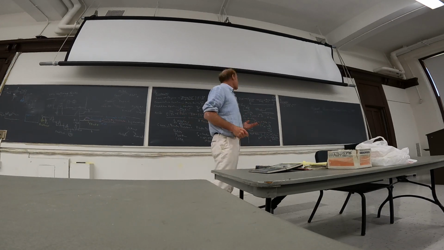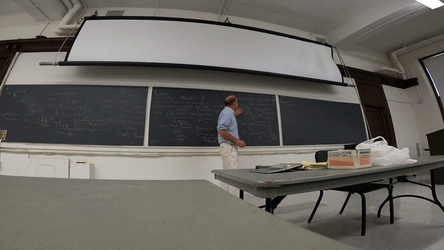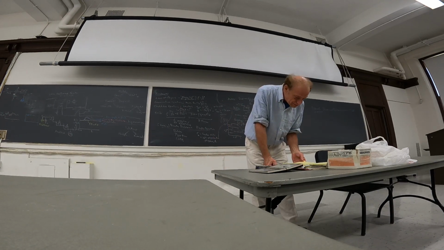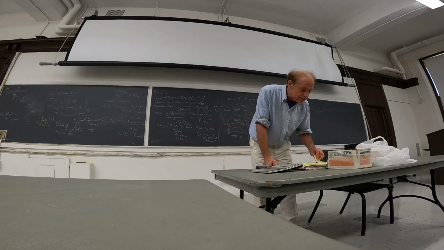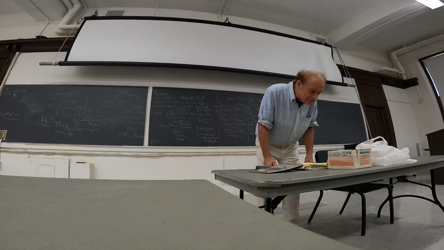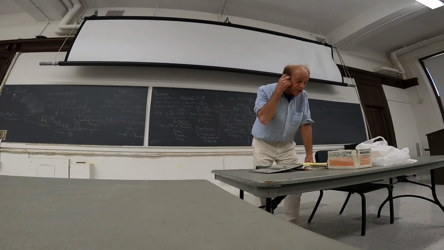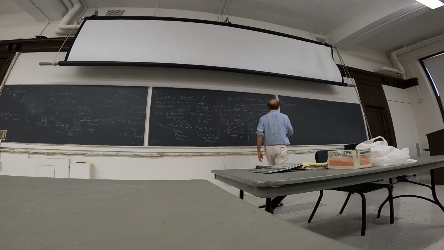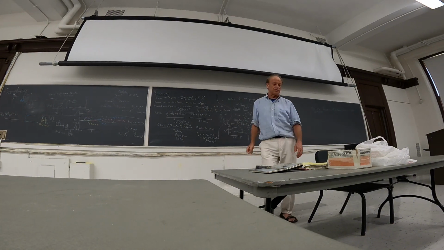But I need to make an assumption like that in order to actually handle this problem, or some sort of assumption. Okay, so now what I would do is I would try to formulate the problem. Let's see if there's anything else I need to do before I do that.